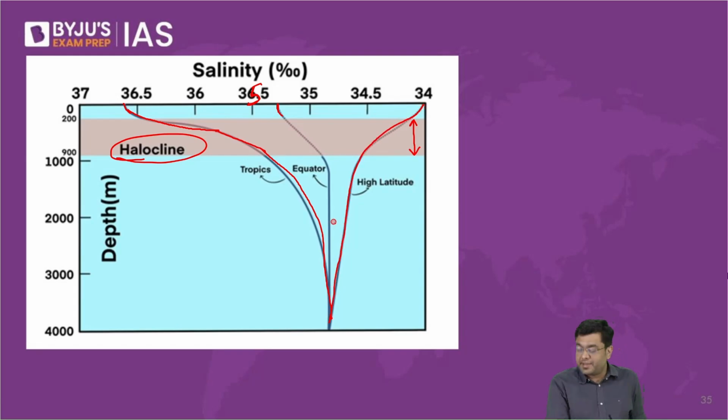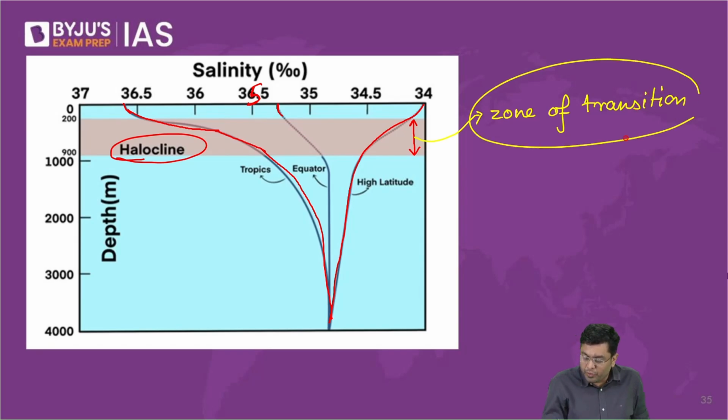In the higher latitudes as well, the salinity varies to come to the consistent level at the bottom. So that is where you have the zone of transition, and this zone of transition is halocline.